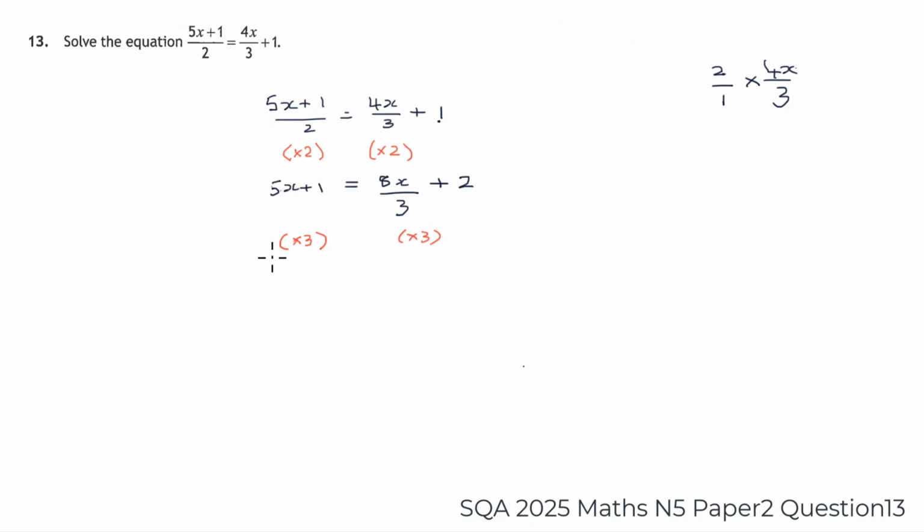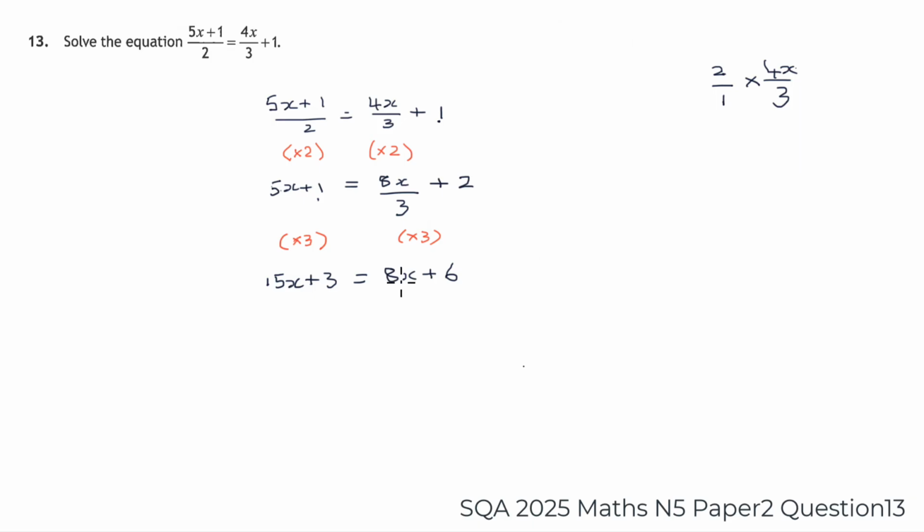So we've got 3 lots of 5x, 3 lots of 1. Multiplying this term by 3, we'll get rid of that divide by 3, just leaving us the 8x. And multiplying the plus 2 by 3 gives us, add 6.